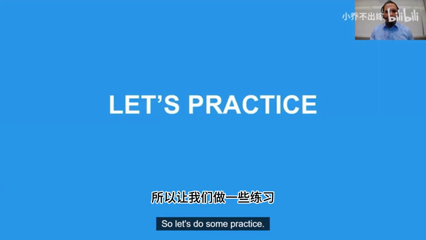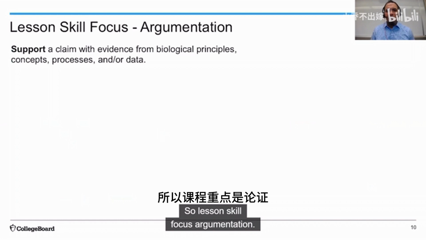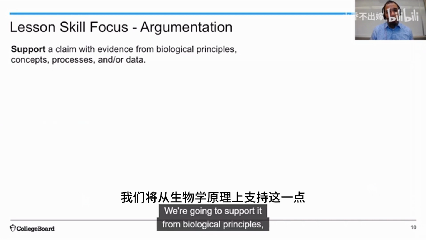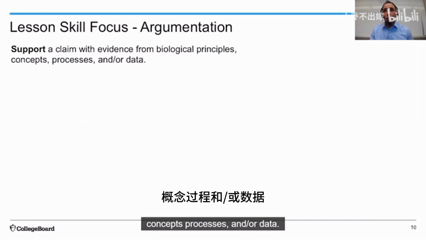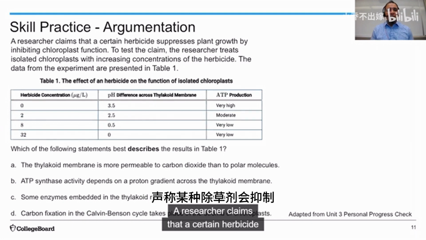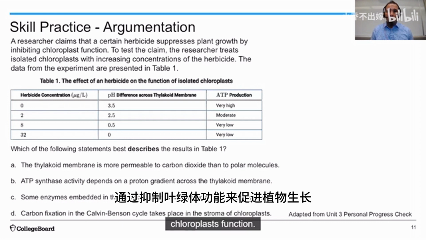So let's do some practice. Lesson skill focus: argumentation. We're going to support a claim with evidence. Evidence is key. We're going to support that from biological principles, concepts, processes, and/or data. Here is a multiple choice question. A researcher claims that a certain herbicide suppresses plant growth by inhibiting chloroplast function.